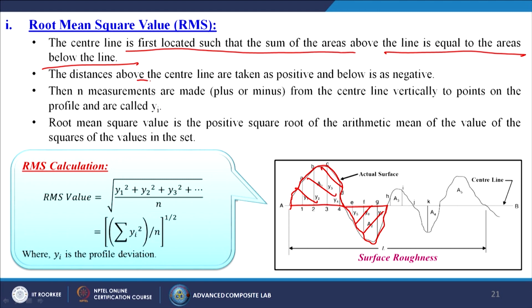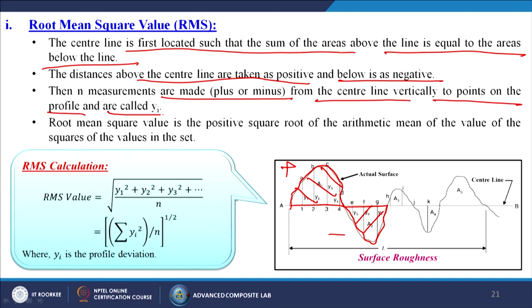The distances above the center line are taken as positive and below as negative. Then n measurements are made plus or minus from the center line vertically to points on the profile and are called y1, y2, y3, y4, y5 and so on.